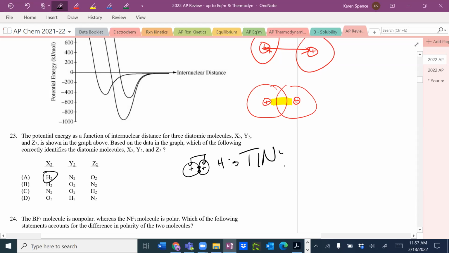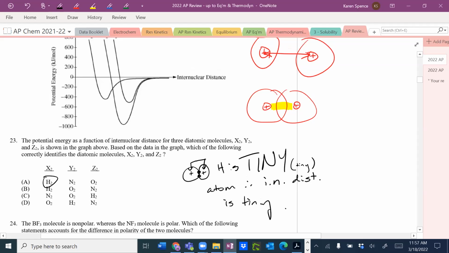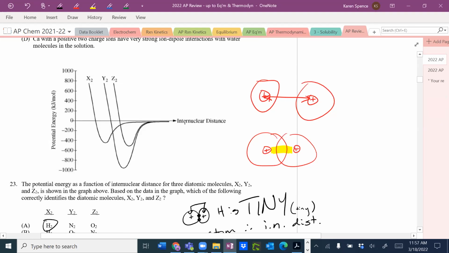I don't know why I wrote tiny big, I should have written small. Therefore, the internuclear distance is tiny. So I'm going to guess that this one is going to be H2.